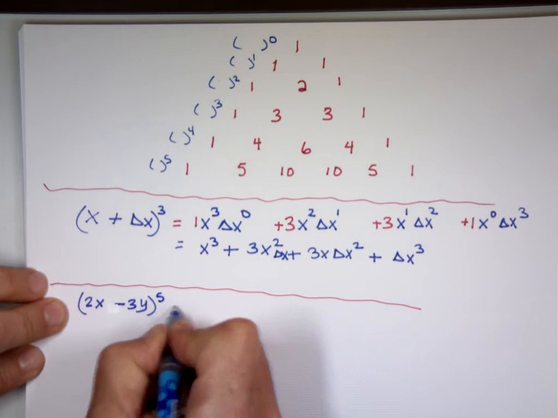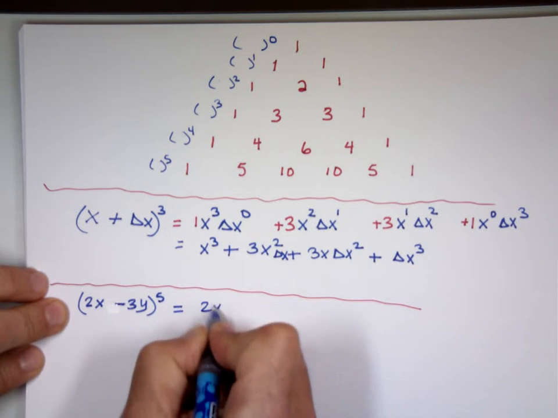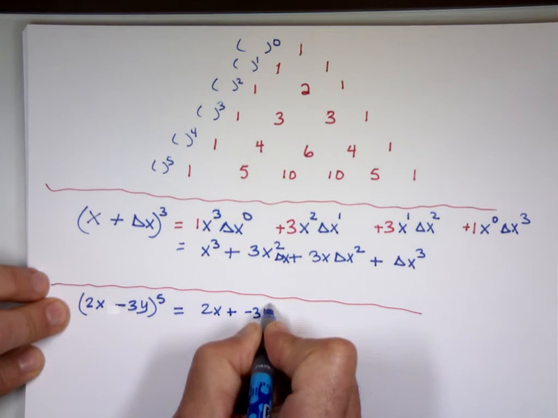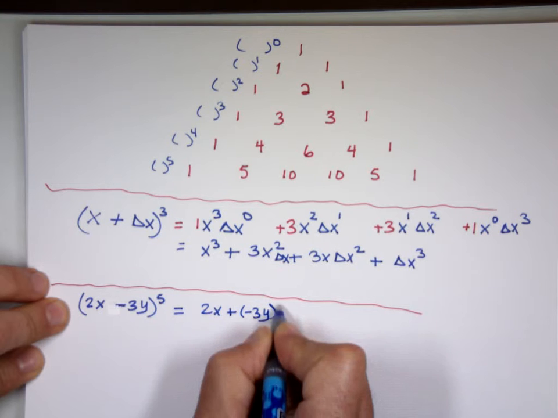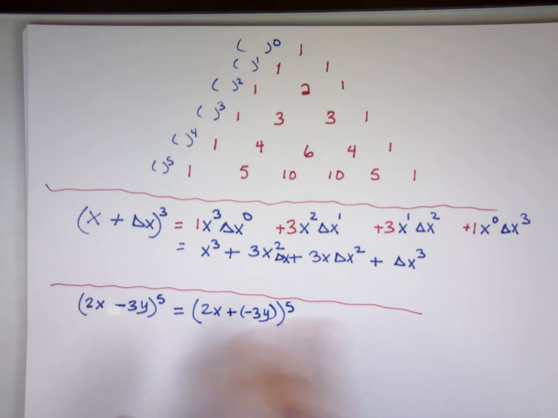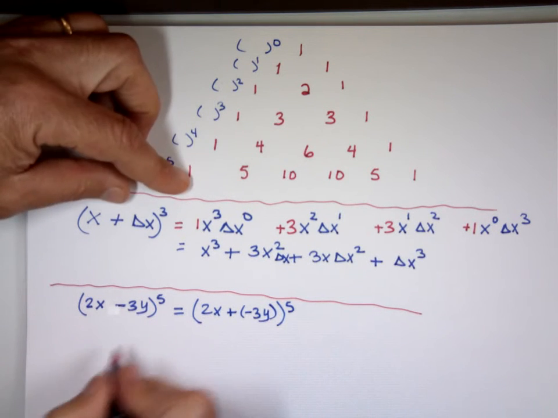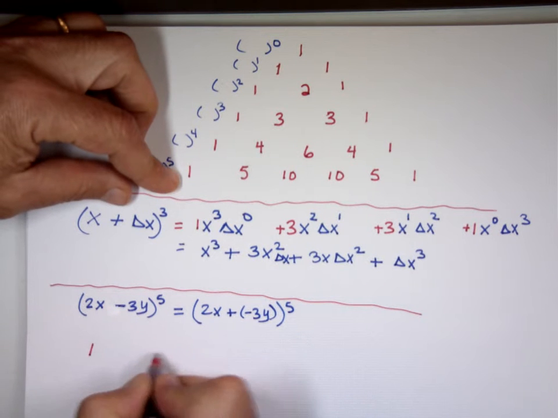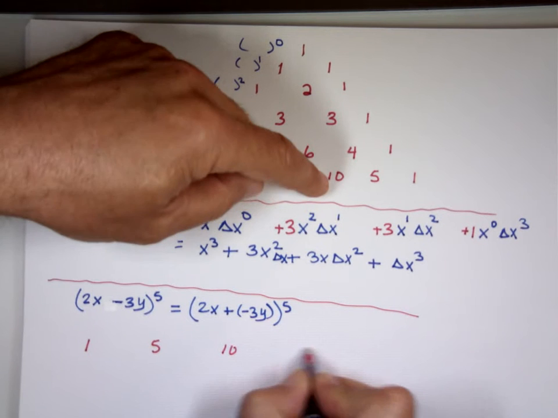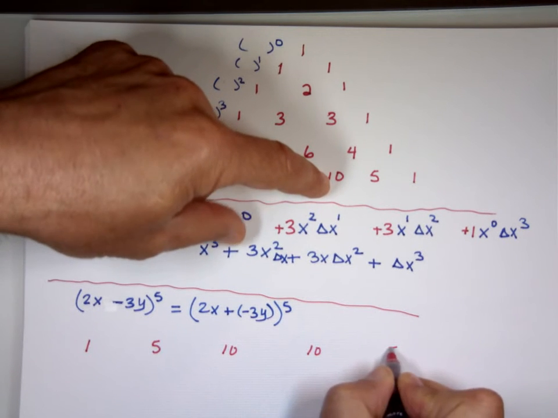This is 2x plus a negative 3y, the whole thing like this, to what power? 5. Works when it's addition there. Now, the power of 5, the numbers are going to be what? 1, 5, 10, 10, 5, and 1.